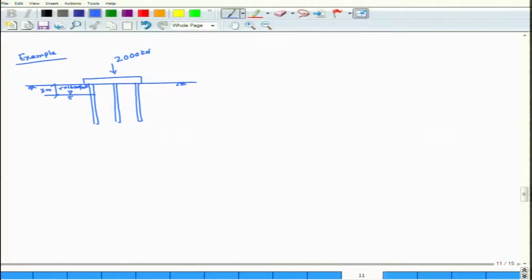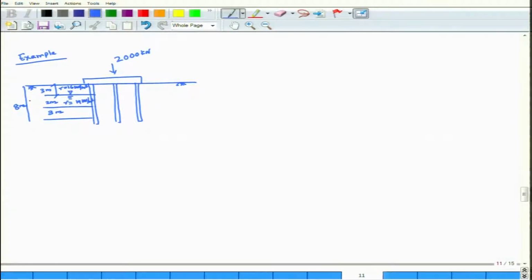Then below 3 meter there is another soil, that is 2 meter, gamma equal to 19 kilonewton per meter cube. Then this will be 3 meter. So total is 8 meter of soil.